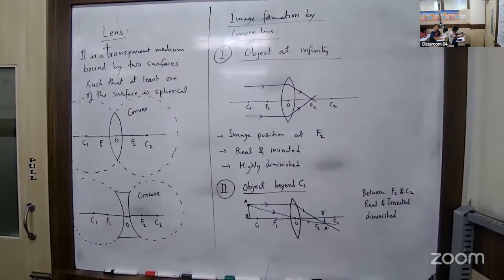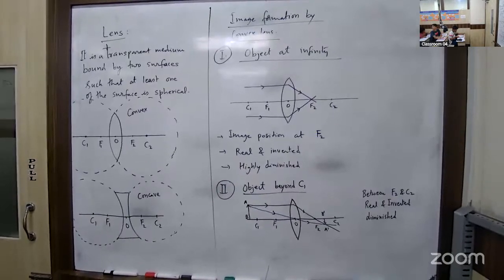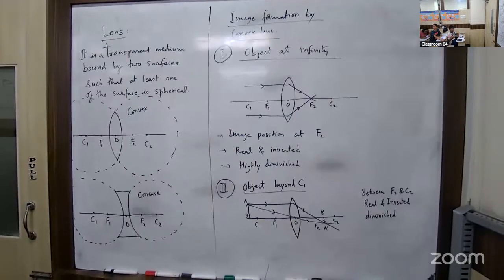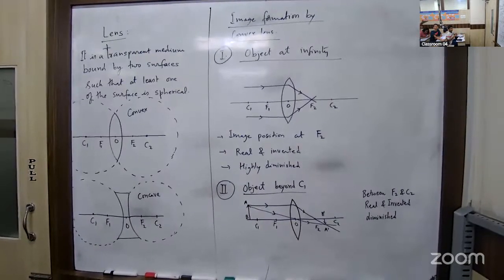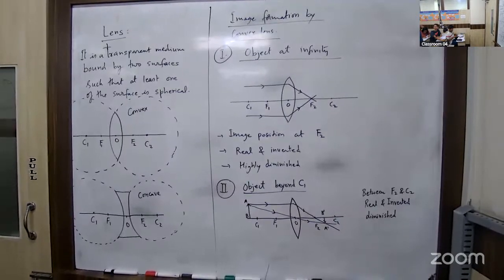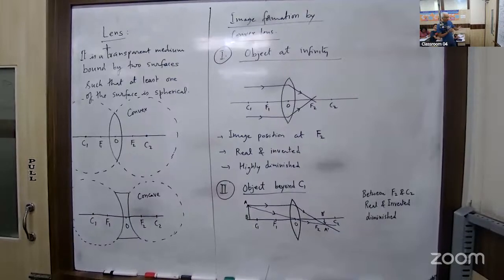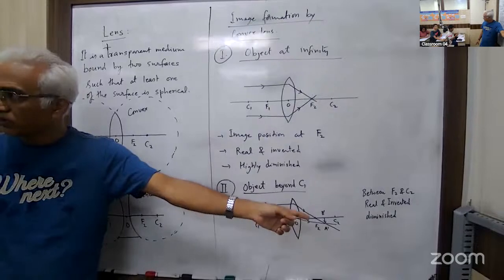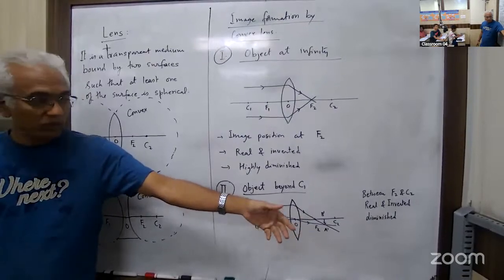So is it matching the same nature as that for concave mirror? You can position between F2 and C2 behind the lens. Not behind the lens. F2, C2 I have labeled in the diagram, right? It is not needed. If you have shown what is F2, C2 in the diagram, then no need.